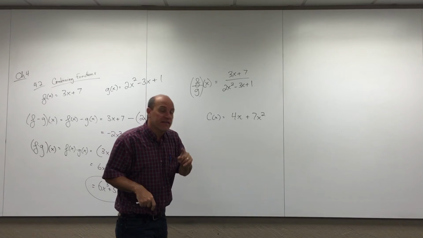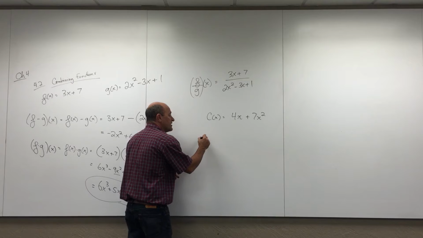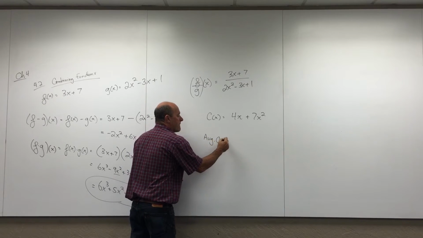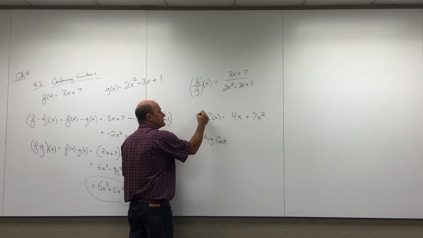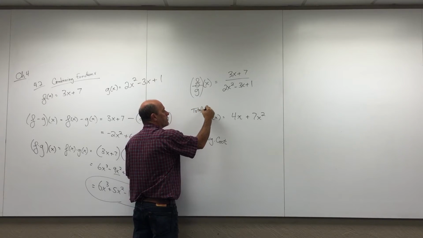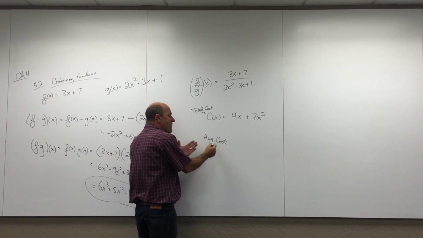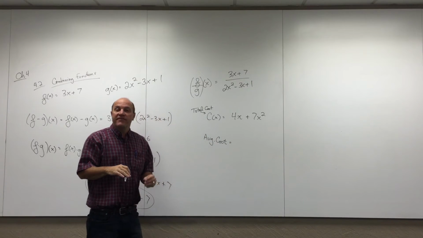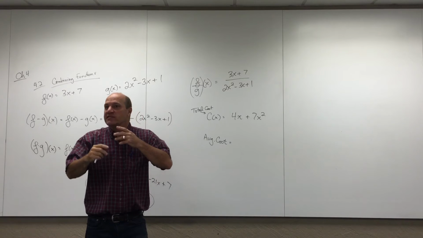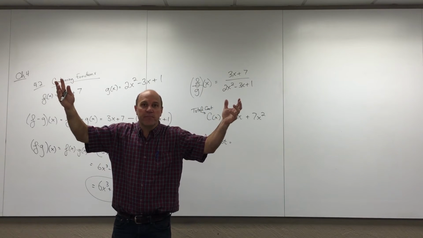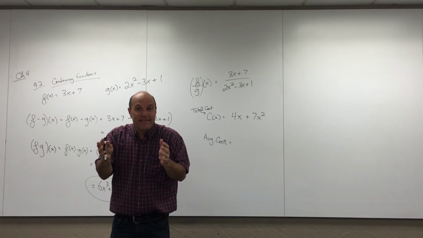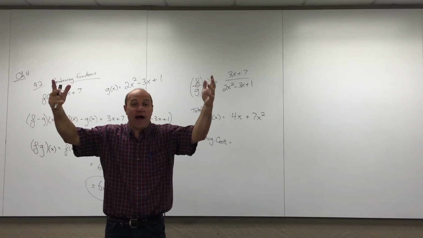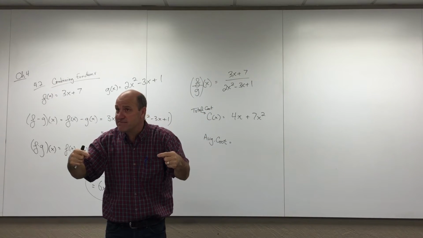Okay, what if you wanted, they do this to you in this section. They do this thing called average cost. This is total cost. But average cost would be per unit. If it costs $700 to build 10 things, the average cost would be the $700 divided by the 10.